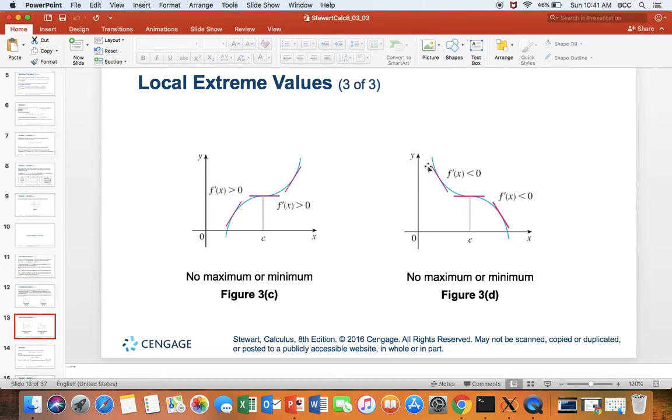Likewise, here is the other situation. Here is c, which has horizontal slope. To the left of c, you are decreasing, f prime negative. To the right of c, you are still decreasing, f prime negative. So you don't have a local max or a local min.